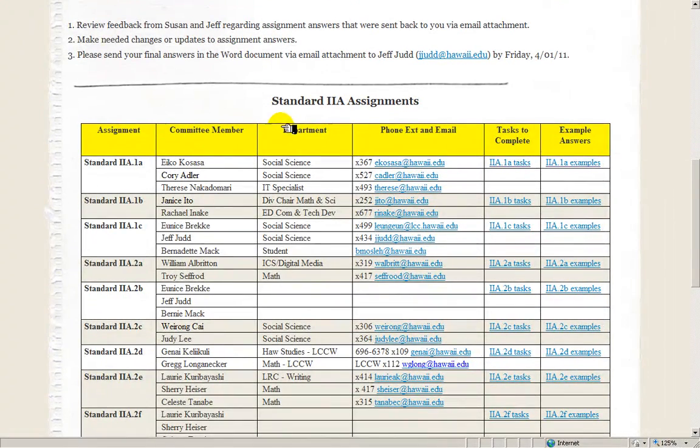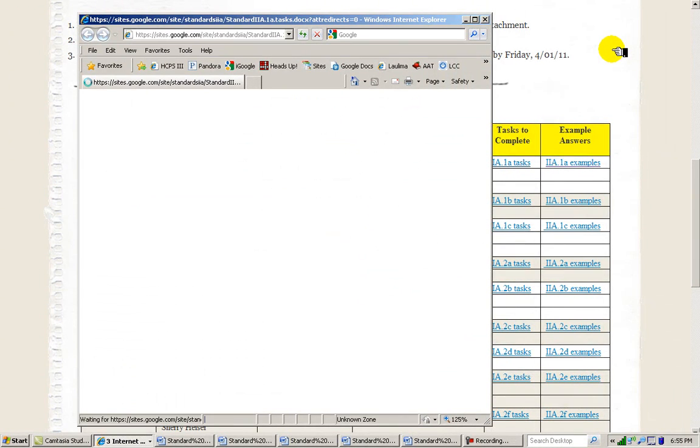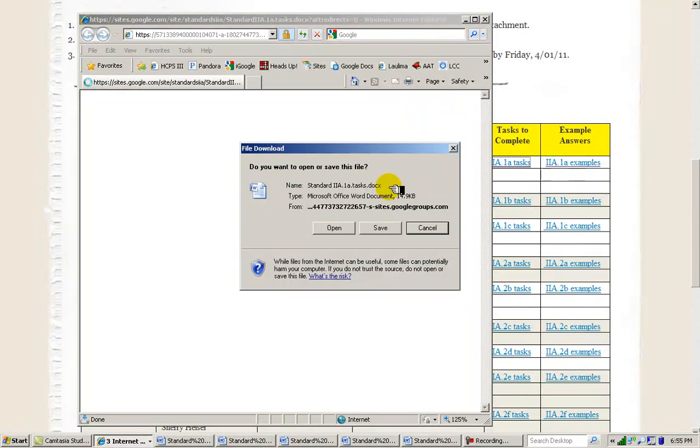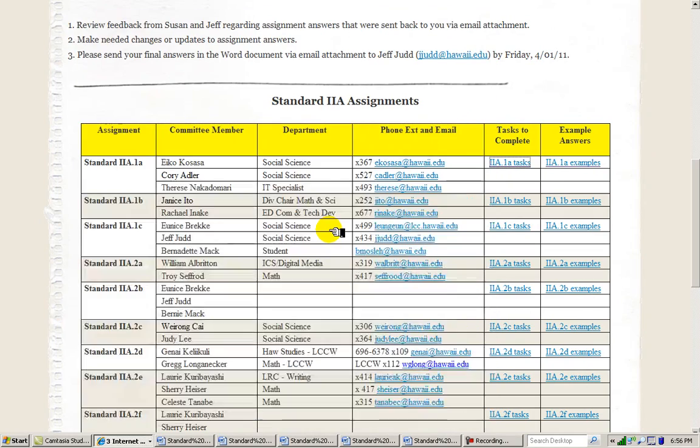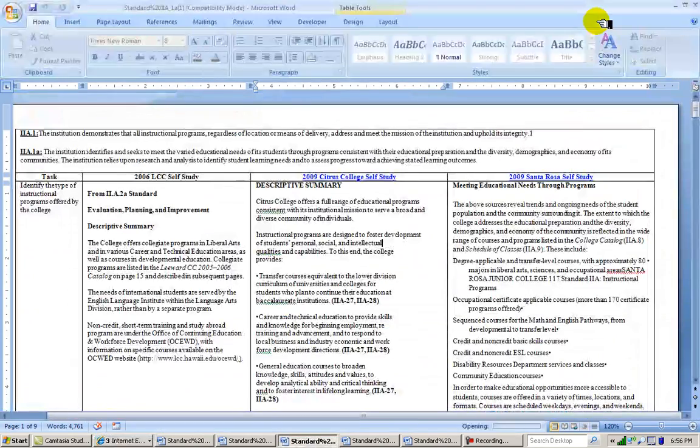So to get started on what task you're asked to do, you would go to the right and click on Task to Complete for that particular standard you've been assigned to. The idea here is that we didn't want you to just sort of not know what to answer, so we looked at other standards from other colleges, their answers, and found out what were some of the common tasks that they were asked to do.